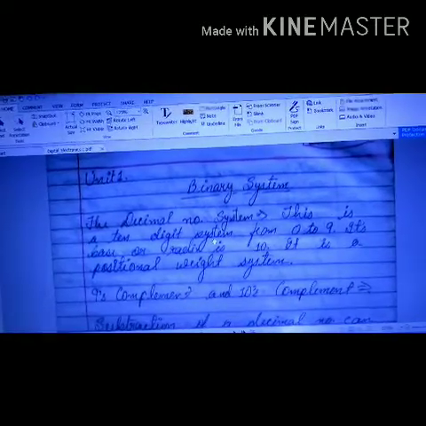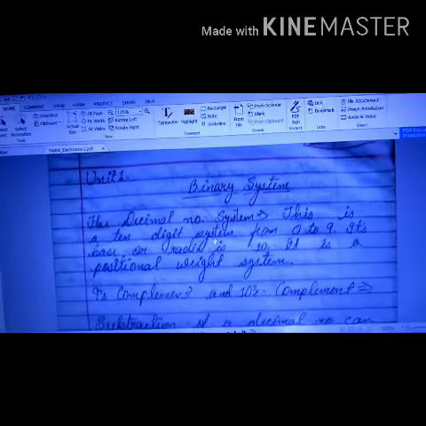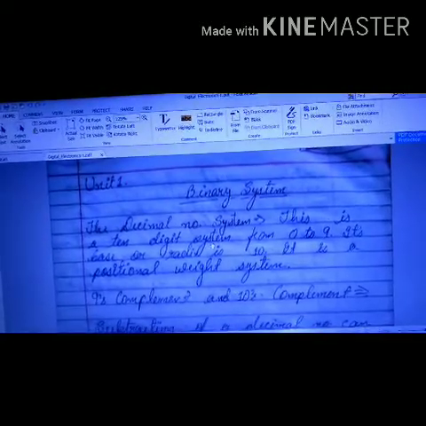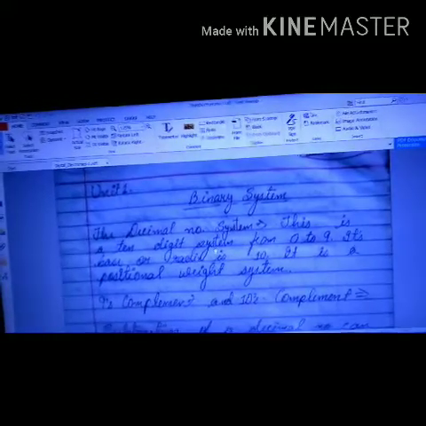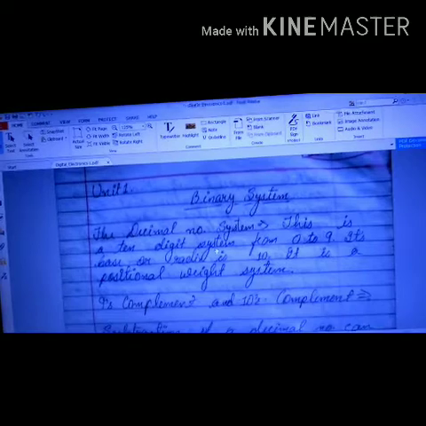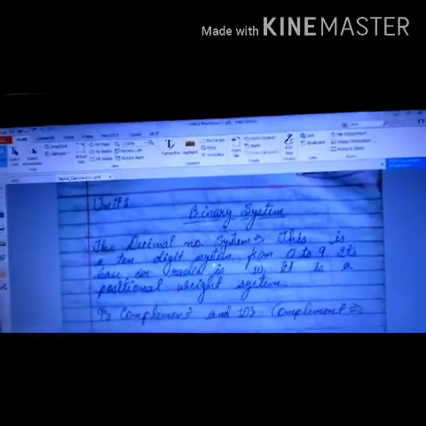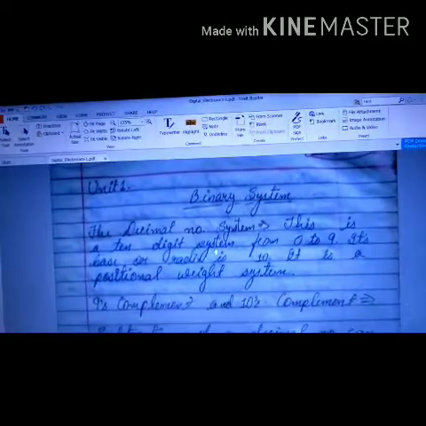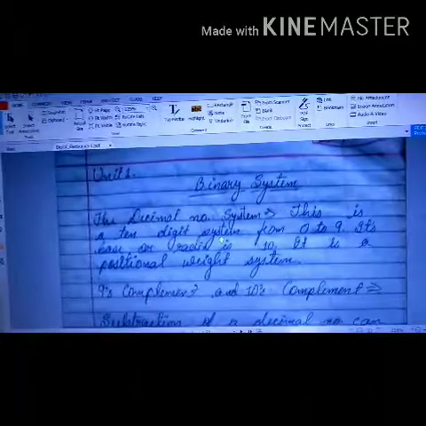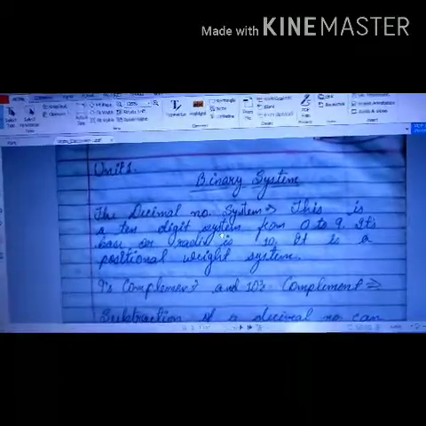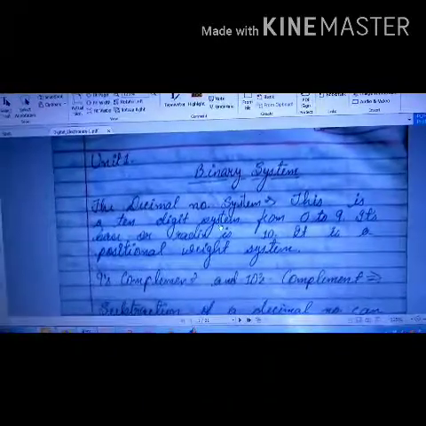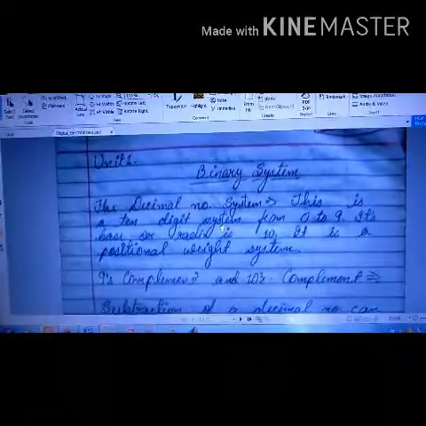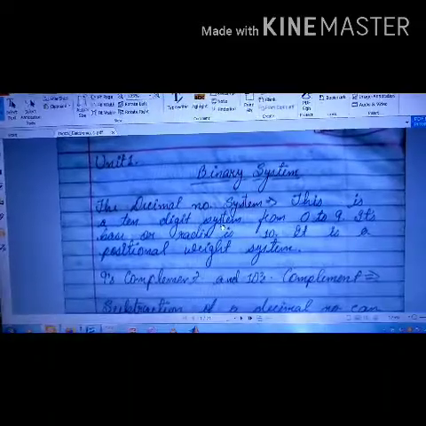It consists of 10 digits from 0 to 9, that is 0 1 2 3 4 5 6 7 8 9. Its base or radix is 10, and it is a positional weighted system. The positional weighted system means that each digit represents a position: ones, tens, hundreds, thousands, and so on.